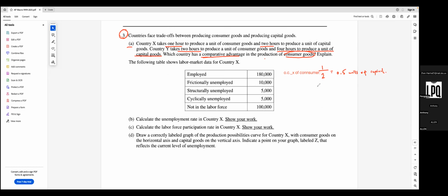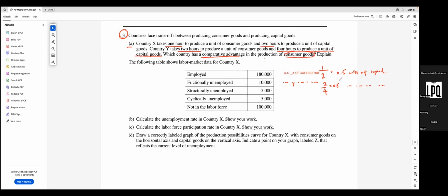Then you do the same thing for Y. You do opportunity cost for country Y for consumer goods. But all the numbers you got for this question are actually super special, because if you do the same thing, 2 divided by 4, you still get 0.5, and it's the same unit.